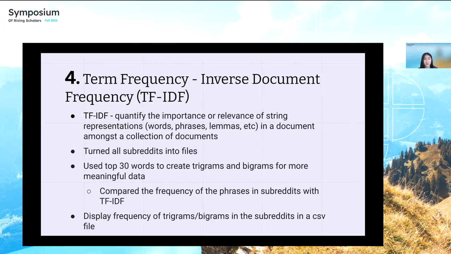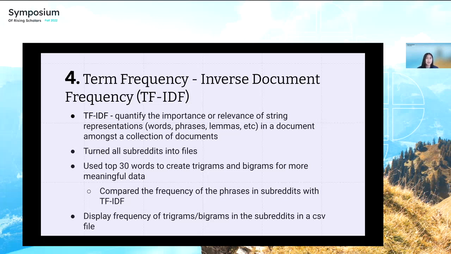I created those trigrams and bigrams by going through every single word in the list of top 30 words. I put it through my algorithm, and it found every single place amongst all of the subreddits, mental health and non-mental health related, and generated the phrases that word is in, so that I could compare the phrases amongst the different subreddits instead of just words, because words don't tell me as much as phrases would.